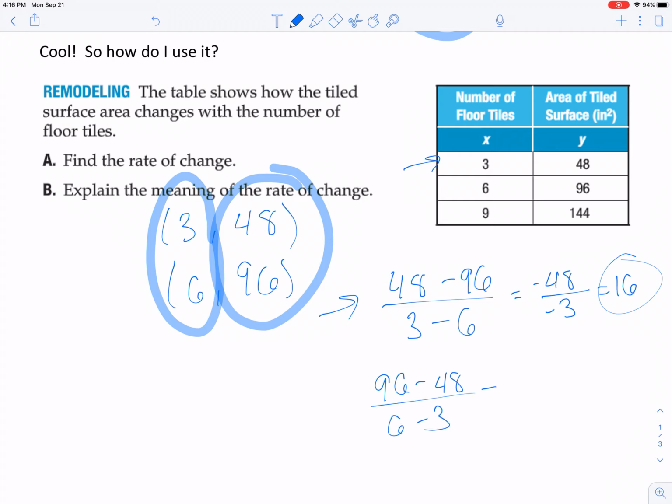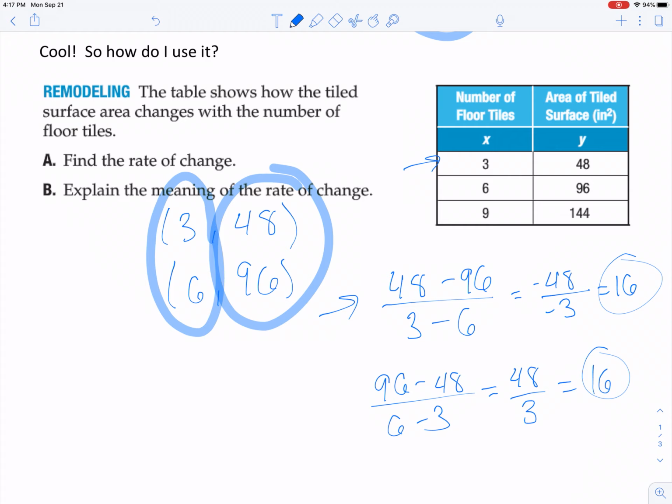Because in this case, you would have ended up with a positive 48 and a positive 3, which still gives you the positive 16. What you cannot do is mix and match and do like 48 minus 96, but then a 6 minus 3. That'll mess up your negatives. You'll get a negative 16 instead. So again, it doesn't matter which number you put first, the top or the bottom, as long as you do it consistently to both of those.